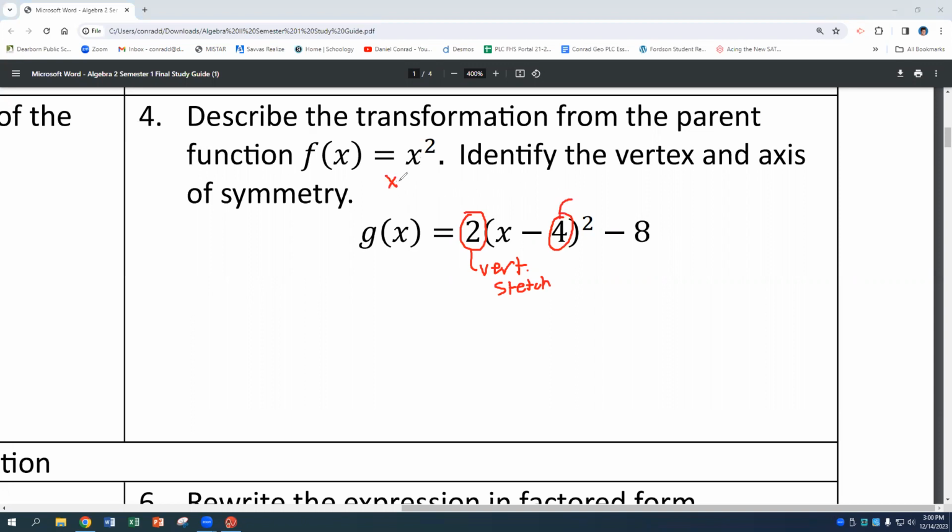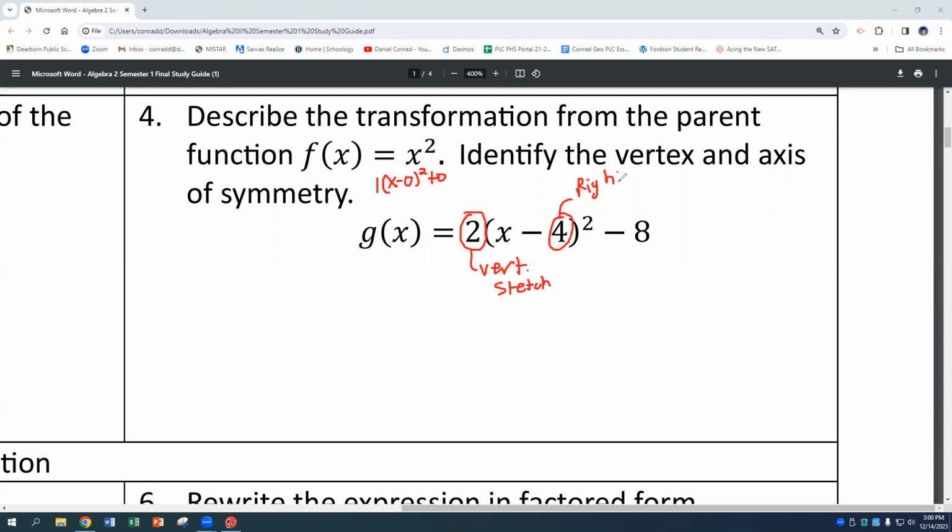The parent is x minus 0 squared plus 0. We're going from 1 to 2, which is a vertical stretch. It would be a vertical shrink if it was less than 1.